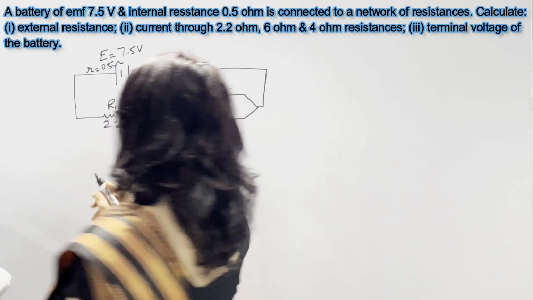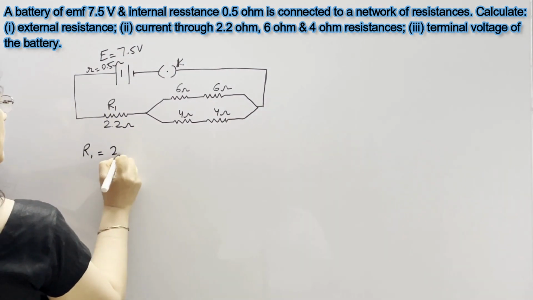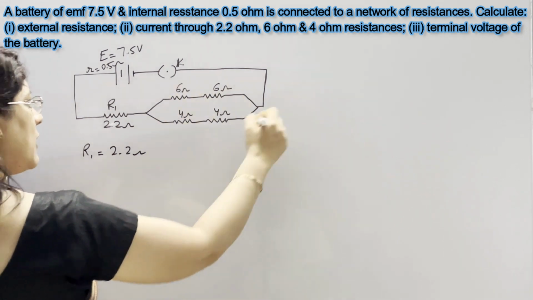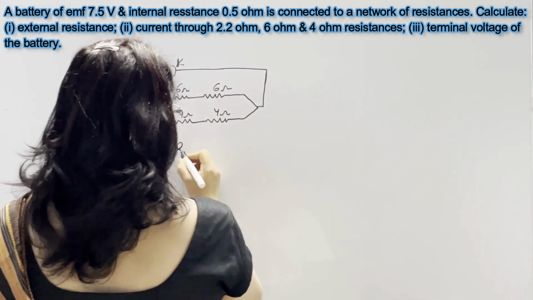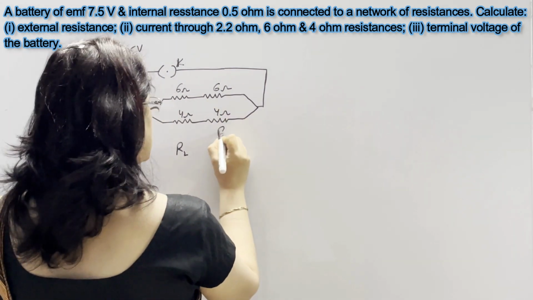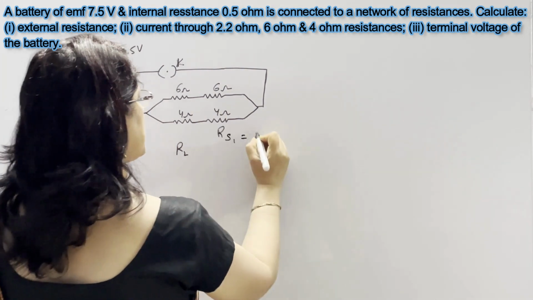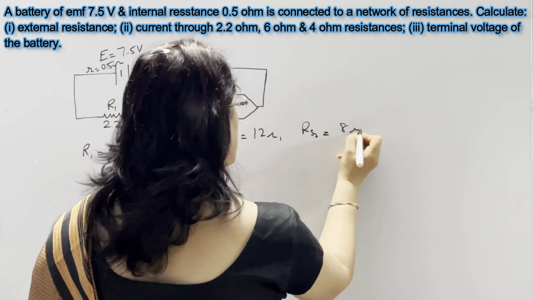So for the first part we are assuming that this is R1 resistance, R1 is equal to 2.2 ohm, and this parallel combination is R2. For this parallel combination first we need to calculate the series combinations. So RS1 is 6 plus 6, it means 12 ohm. Then RS2 is 4 plus 4, it means 8 ohm.